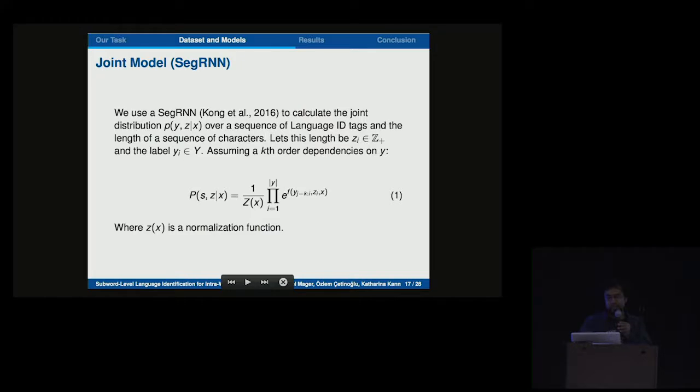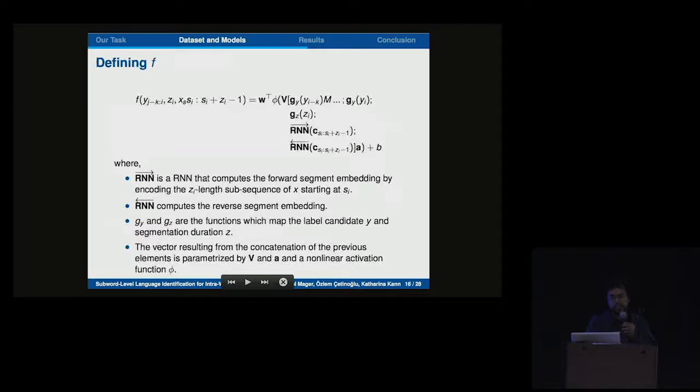So basically, we calculate the joint distribution over a sequence of language ID tags and the length of a sequence of characters. This F function that we can see, we define as follows. First, we use an LSTM that computes the forward segment embedding by encoding the length of a subsequence of X starting with SI.